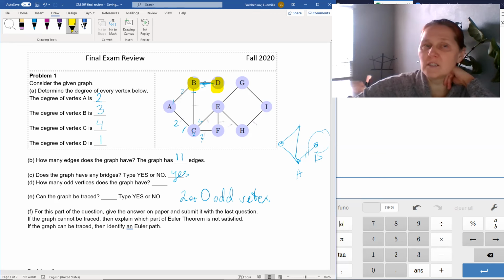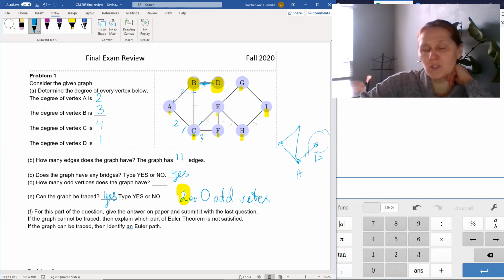A has 2 lines, so it's even. C has 4 lines, E has 4 lines, G has 2 lines, H 2, F 2, I 2. So all the rest are even vertices. So we have 2 odd vertices. It means our graph can be traced.